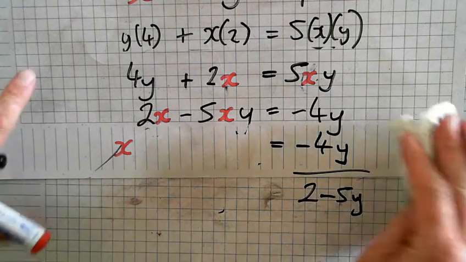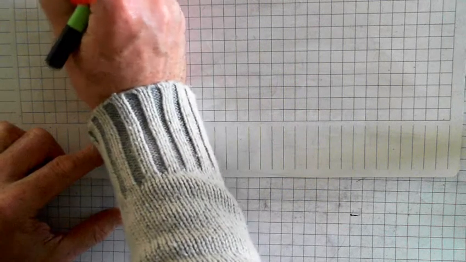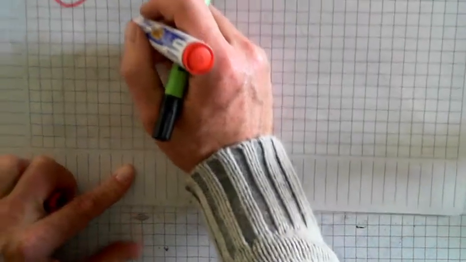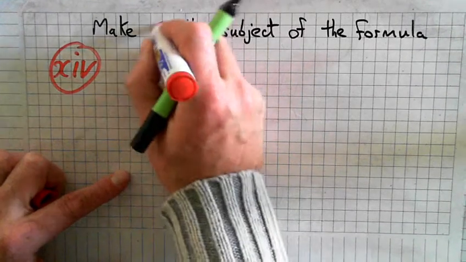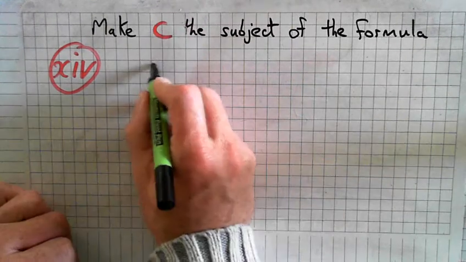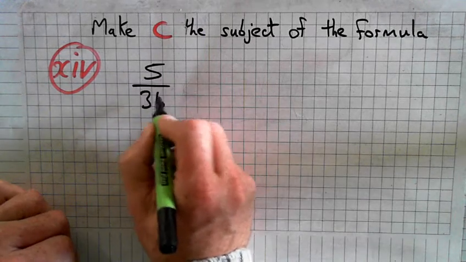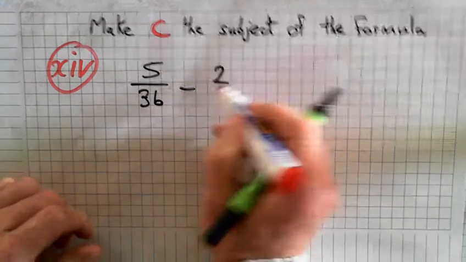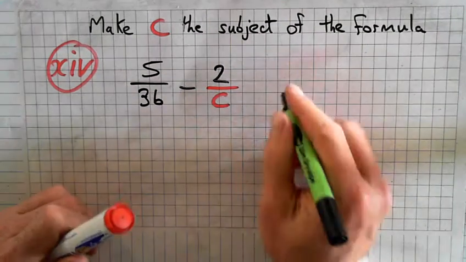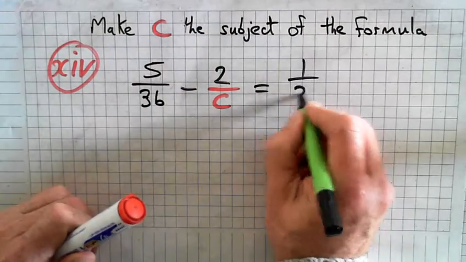And one more. Right, here in this one, you're going to make c the subject. 5 over 3b minus 2 over c is equal to 1 over 3.